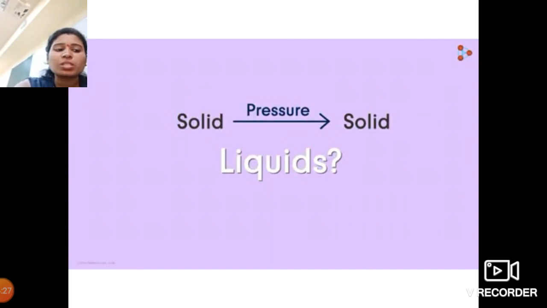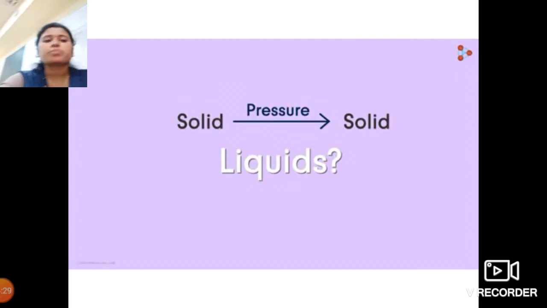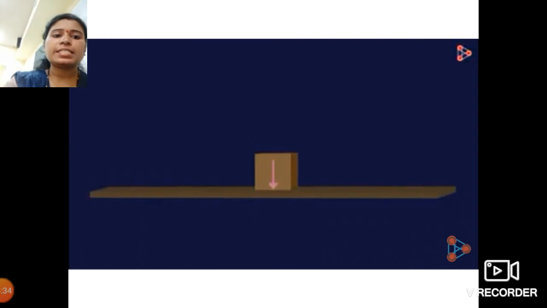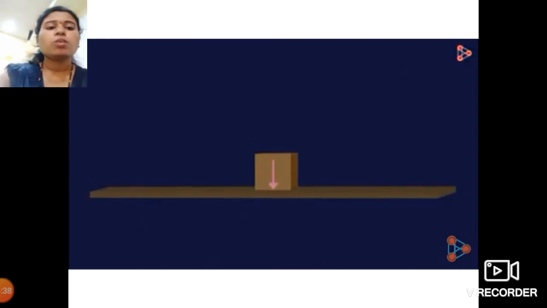Think about it, students. Do liquids apply pressure? Let us study it.